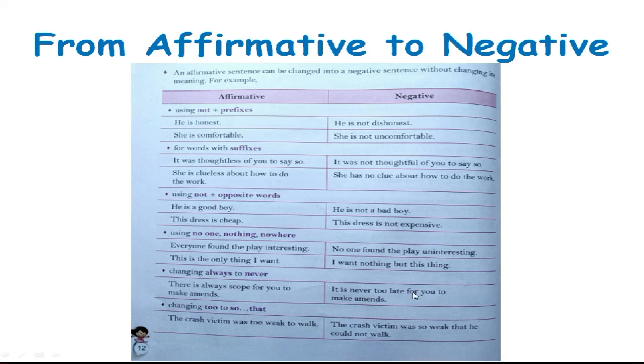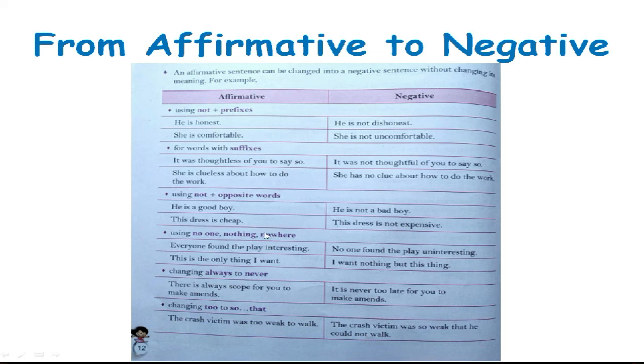It is never too late for you to make amends. Last rule, changing too to so that. The crash victim was too weak to walk. The victim was not able to walk. Then what will be the negative of it? The crash victim was so weak that he could not walk.